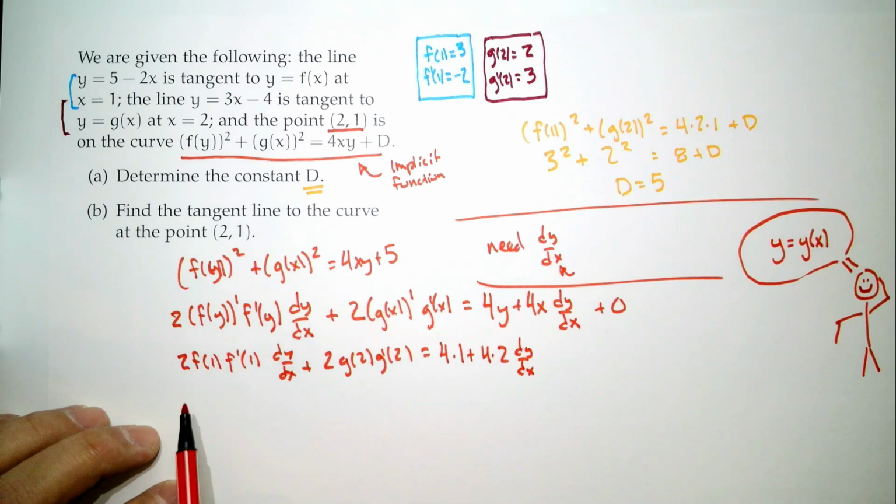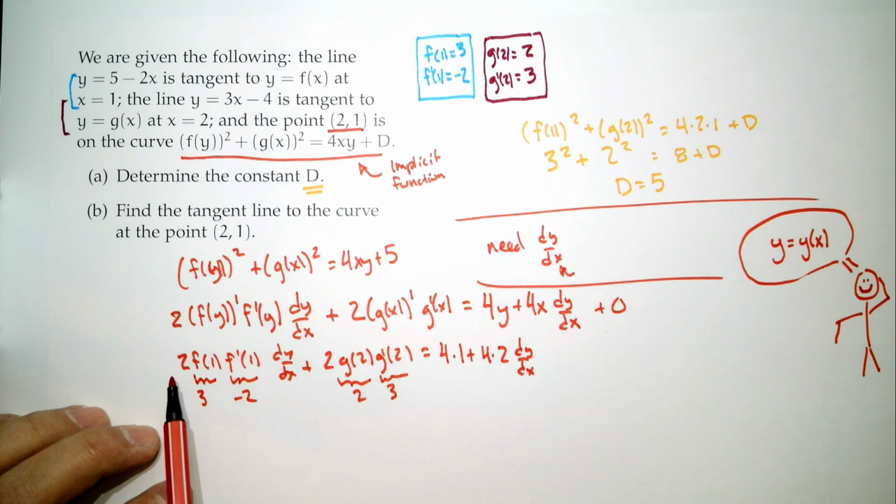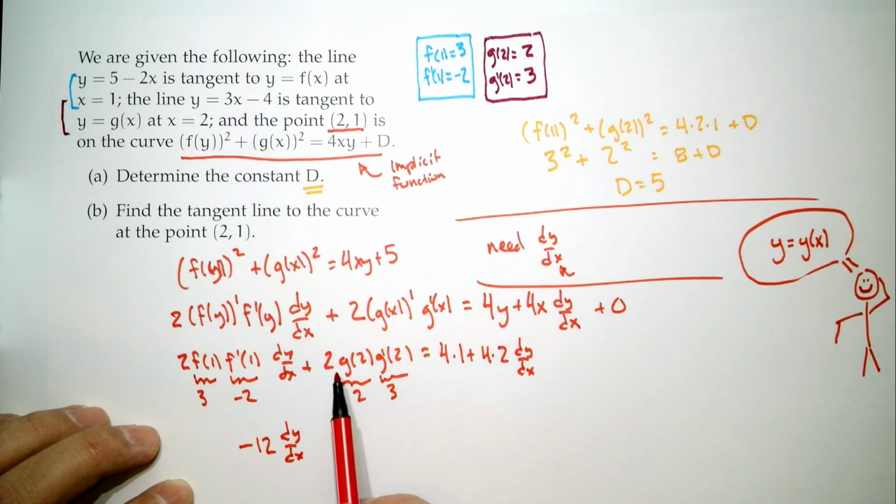Well, f of 1 is 3, and f prime of 1 is negative 2. g of 2 is 2, g prime of 2 is 3. So we're going to get 2 times 3 times negative 2, which is minus 12 dy/dx, plus 2 times 2 times 3, which is plus 12, is going to equal 4 plus 8 dy/dx.